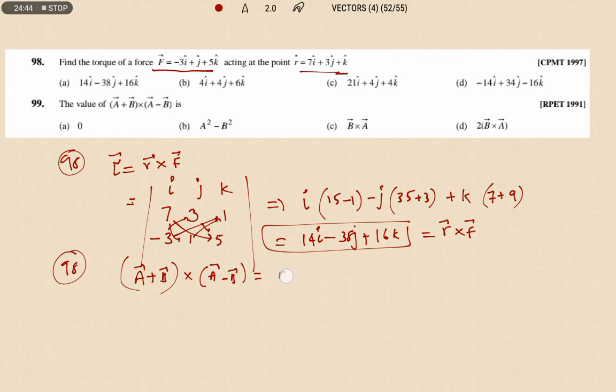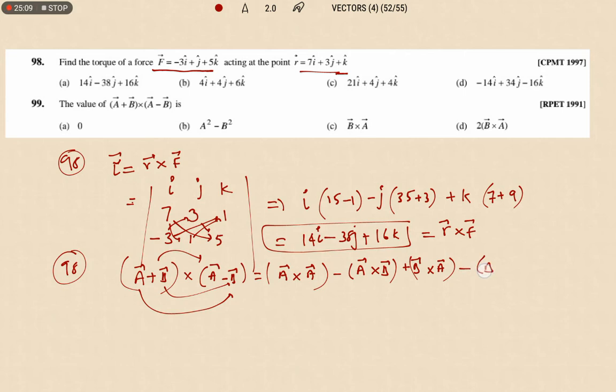So let us find A bar cross A bar, next minus A bar cross B bar, next B bar cross A bar, next minus B bar cross B bar. The cross product of parallel vectors is a null vector. This is 0 and this is also 0.